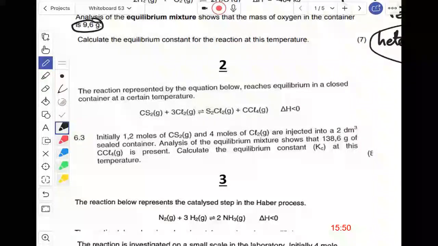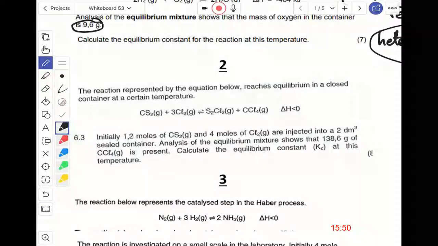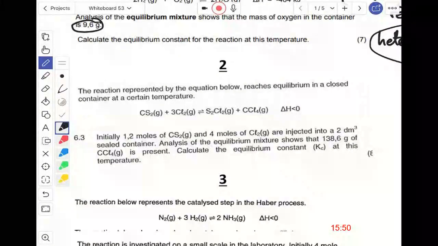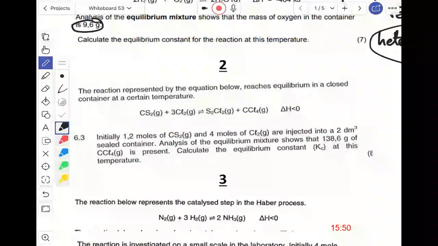So all I want you to do now is to set up the table and then fill in all the information that is given in the problem.